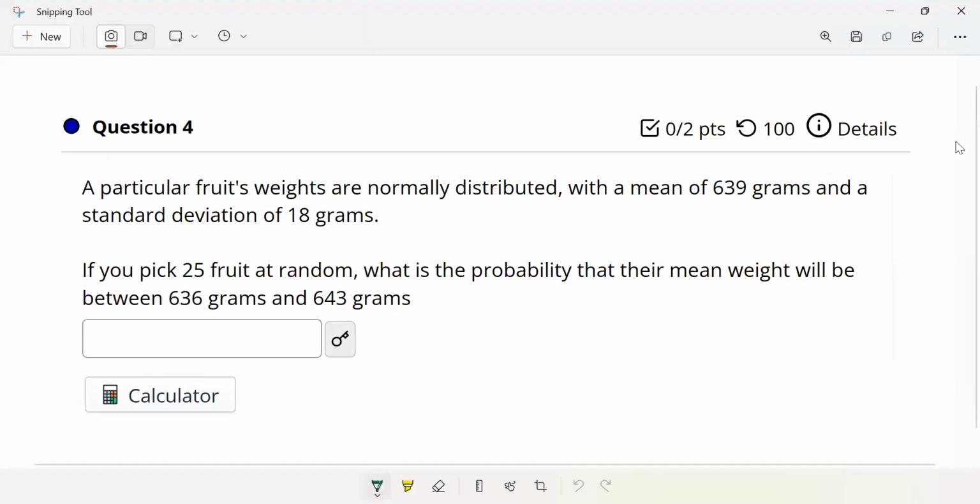So first of all, it's normally distributed, and the mean is the population mean, right? That's 639. The standard deviation sigma is 18.